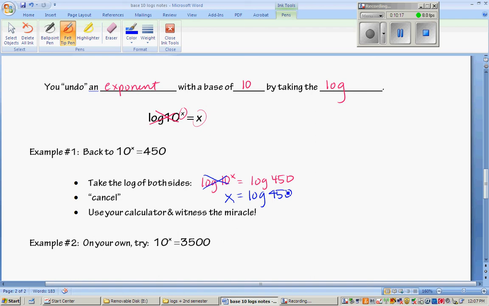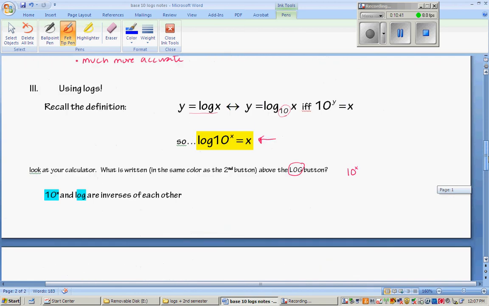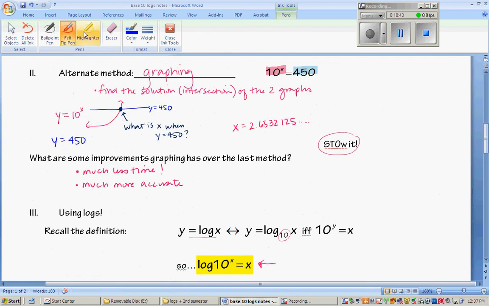And now just use your calculator and witness the miracle. We're going to press log in the first column, 450, and then hit enter and see what comes up. And let me know if it equals this number.